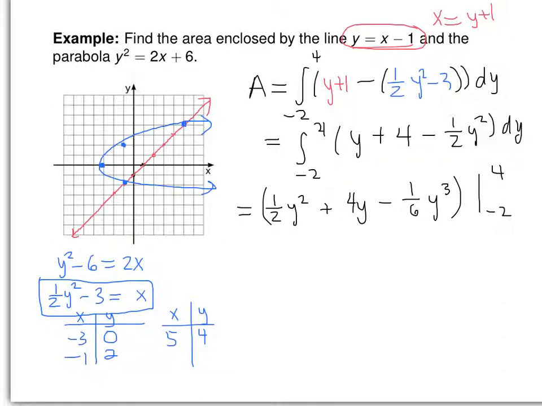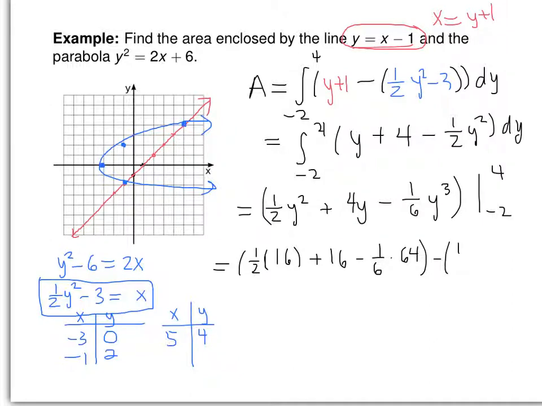The arithmetic for these can get a little bit tedious. So first we'll insert 4. So we'll have 1/2 times 16 plus 16 minus 1/6 times 4 cubed, which is 64.